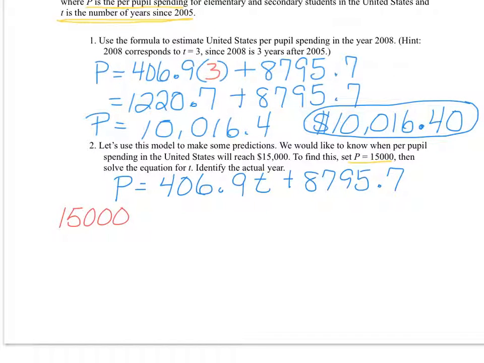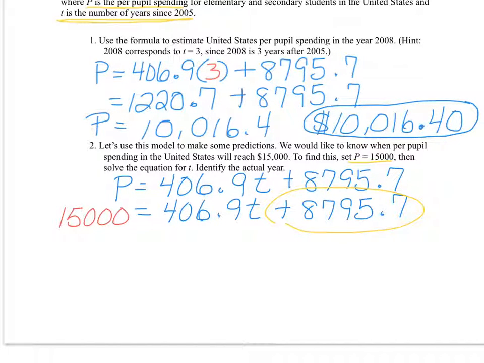15,000 equals 406.9 T plus 8,795.7. Okay, so if we used our flowchart method, we would have to do the opposite of 8,795.7. So that's what we're going to do right now.